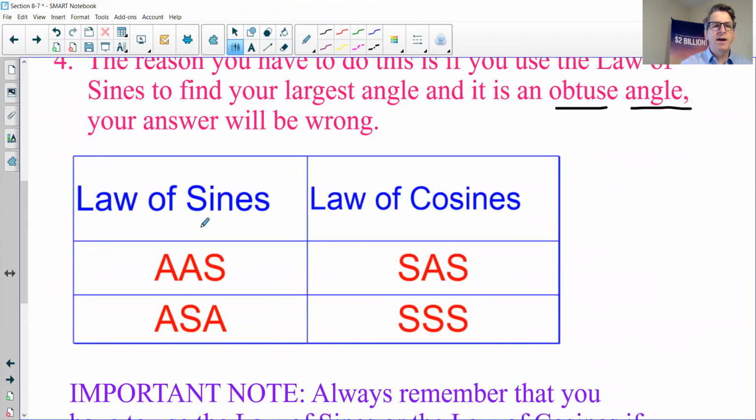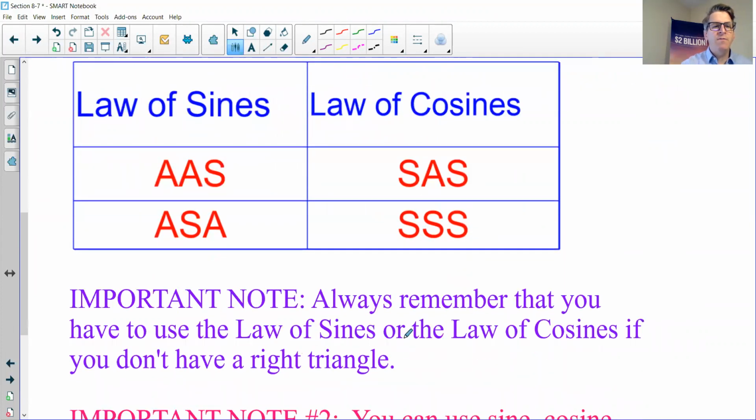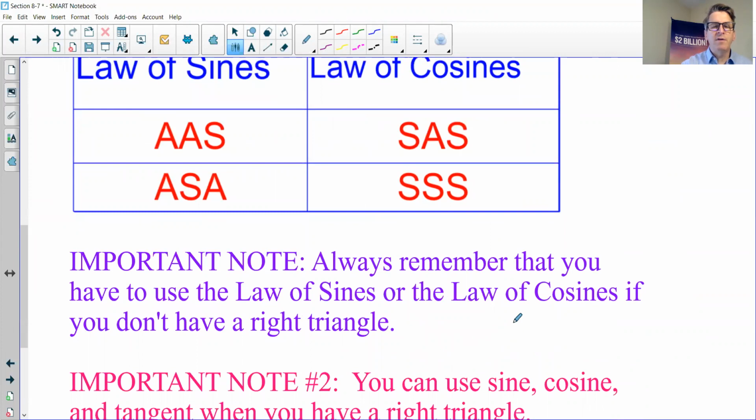So law of sines: angle, angle, side, or angle, side, angle. Law of cosines: side, angle, side, or side, side, side. Always remember that you have to use the law of sines or the law of cosines if you don't have a right triangle.